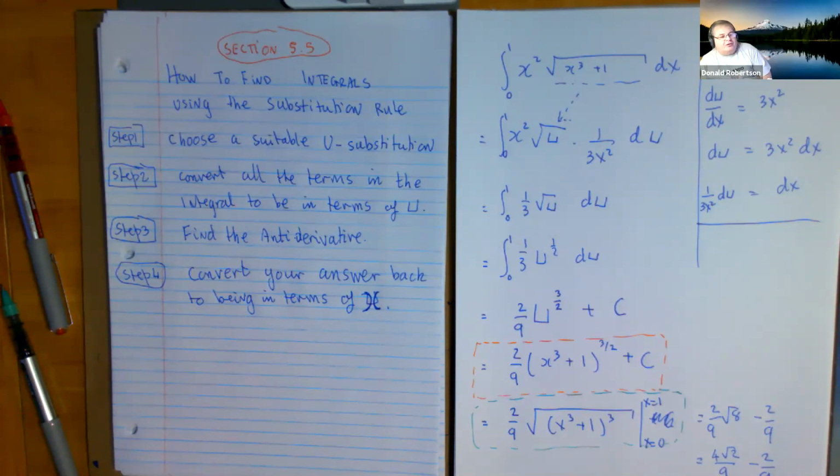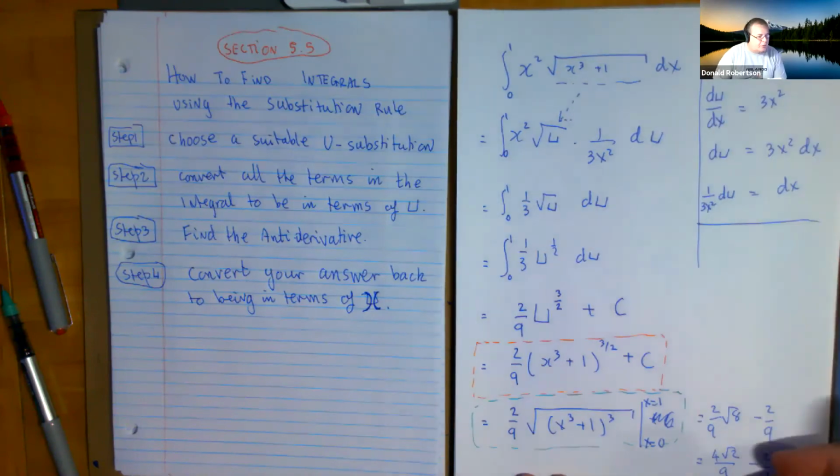One of the subtleties of the u sub technique is that 90% of the time, exactly what's happening here will happen. But there are exceptions to the rule, where you may end up having an x left over, but we'll show you how to fix that. Or you may not pick the u sub that you think should work because it doesn't work, right? There's a different u sub. But those are the special cases, and I don't want them to throw you away from being able to do 90% of the questions correctly.